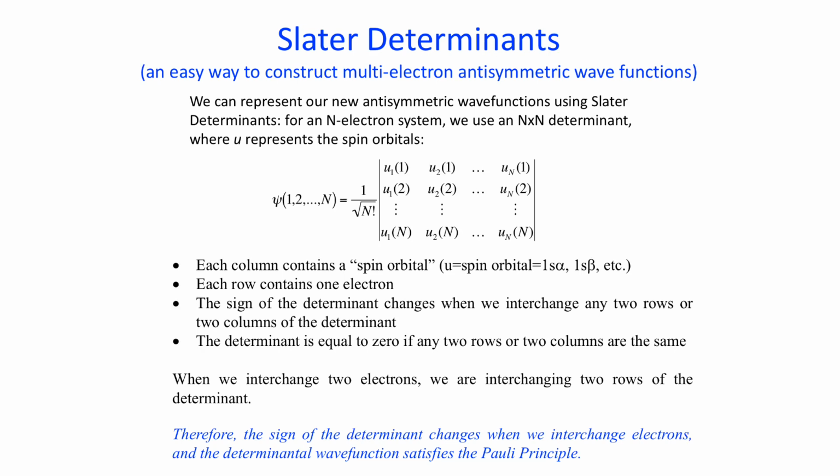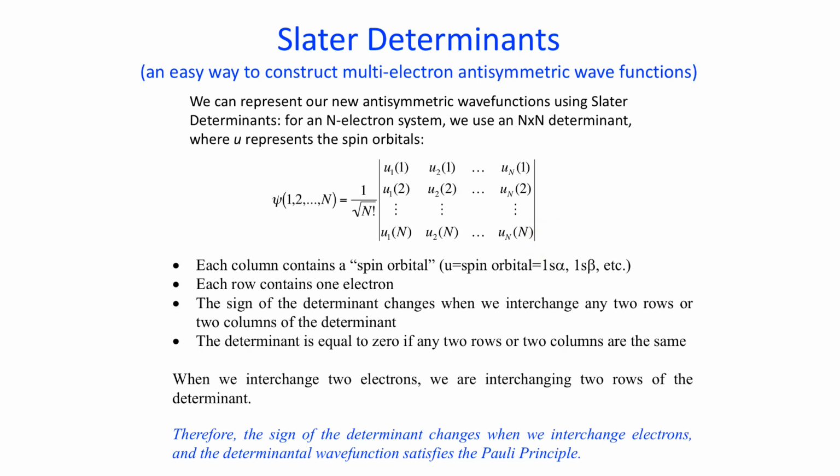These Slater determinants that are set up like this are really just useful shortcuts to help us put together our anti-symmetric wave functions. Now, our determinant is signified by these long straight brackets.